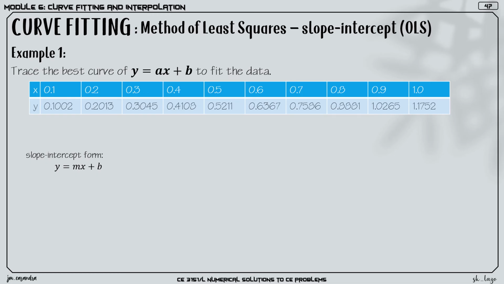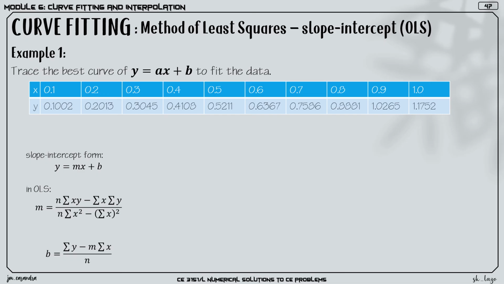So in here, for the method of least squares, we are going to solve for m as equal to n times the sum of xy, minus the product of the sum of x and y, all over n times the sum of x squared minus the square of the sum of x.